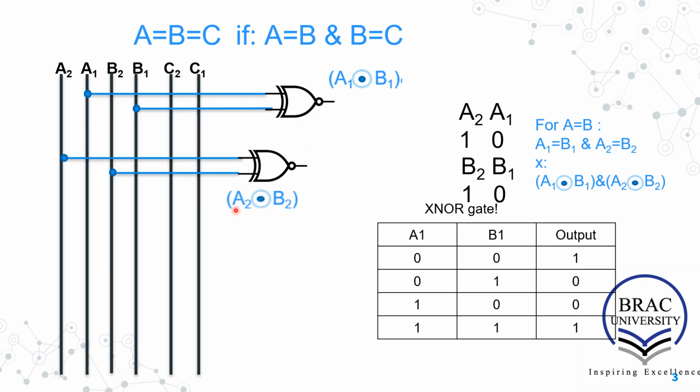Then we're going to check whether A2 and B2 are equal or not. So A2 XNOR B2. And then finally we will AND these two functions and we will get whether A is equal to B, and the function of A equals B is represented by the function X.